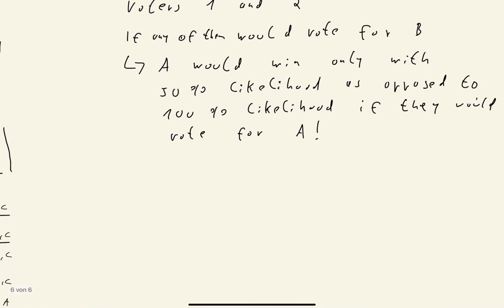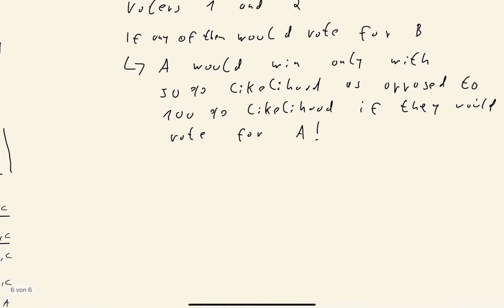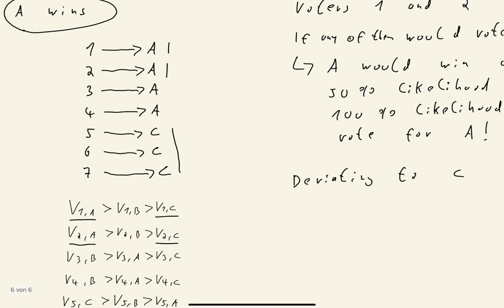Okay, so then let's go and check what would happen if any of them would vote for C, so deviating to C. This is quite obvious.